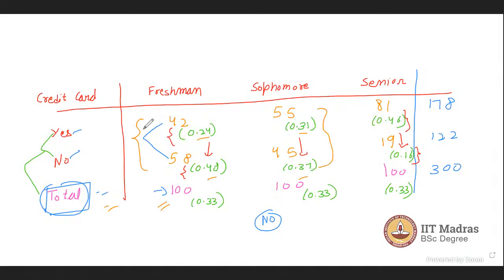There is a pattern. As they go to second year, it is increasing. So it means that these two variables are associated. As they move to second year and senior, their credit card responses keep on increasing. So when the row relative frequencies are not similar, there is an association. When they are similar, there is no association.